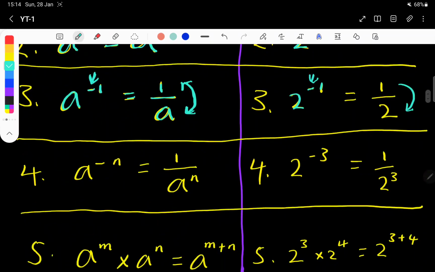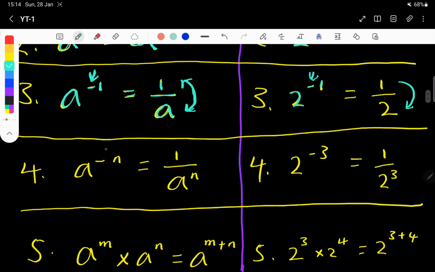Okay, formula number 4. How if you have power of negative n? No need to worry, as I mentioned in the previous formula. Whenever you see the power negative, what you need to do is you need to upside down it. For example, like if let's say a power of negative n, what we have is equivalent to 1 over a power of n.